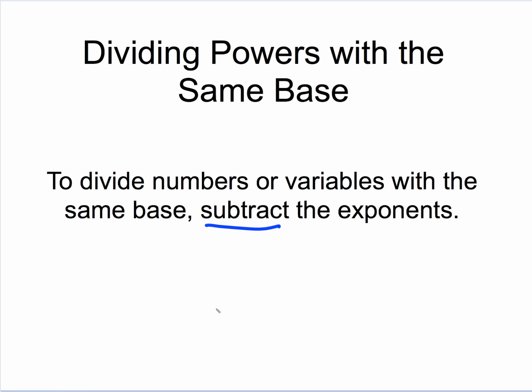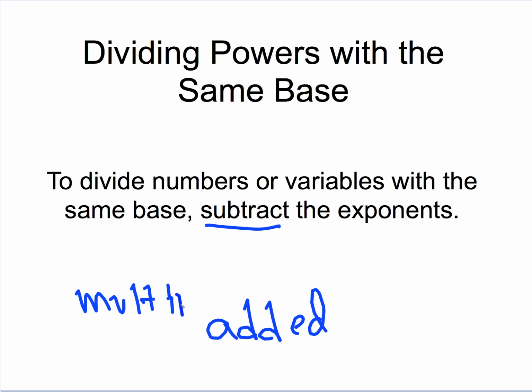So make sure you write that down. Remember, when we were multiplying numbers or variables with the same base, we added the exponents. That was with multiplication. So you could see the connection here. Dividing, you subtract. Multiplication, you add.